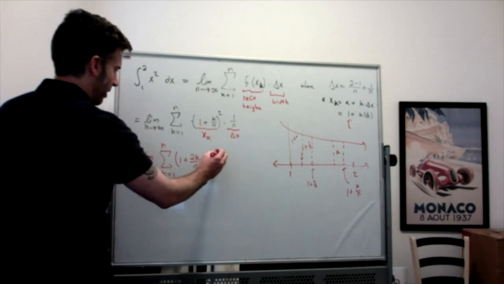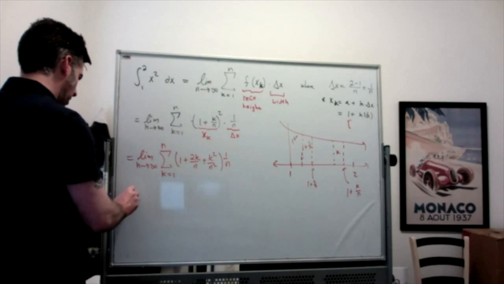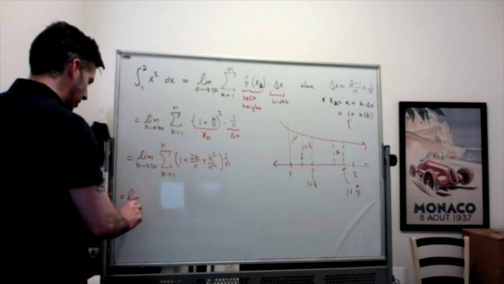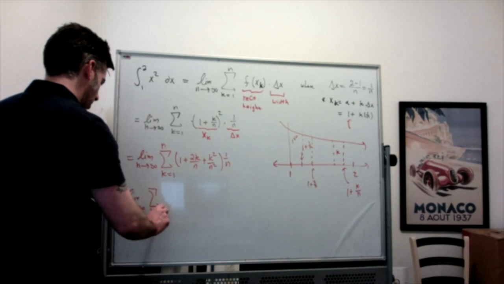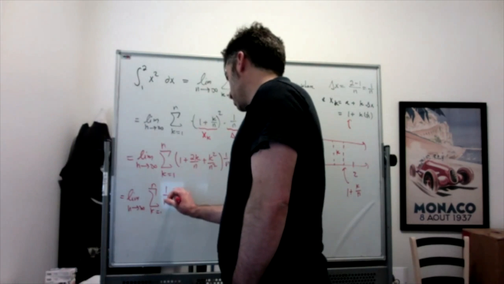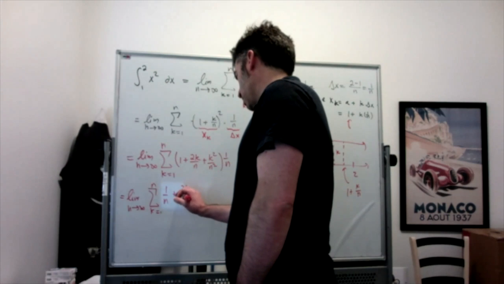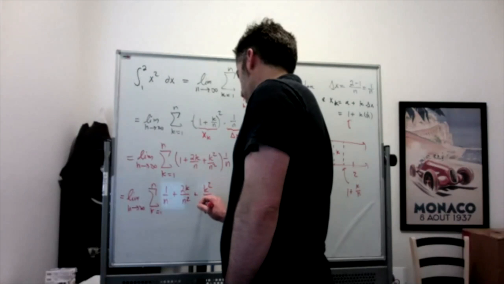And then we're going to multiply that by 1 over n. So it's going to be equal to the limit as n goes to infinity of the sum from k equals 1 to n of 1 over n plus 2k over n squared plus k squared over n cubed.